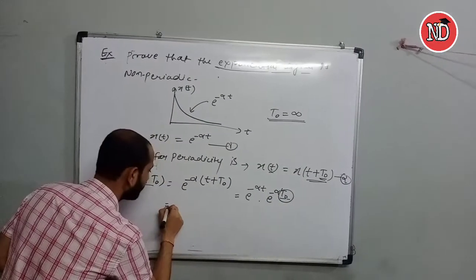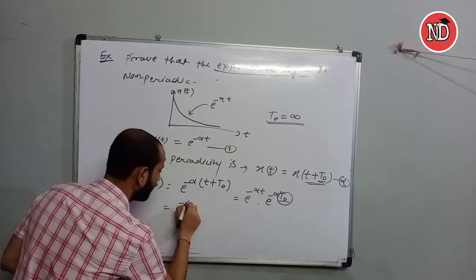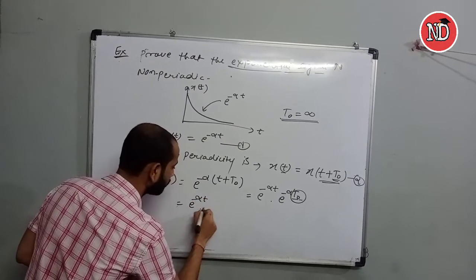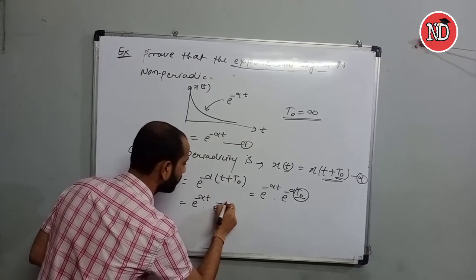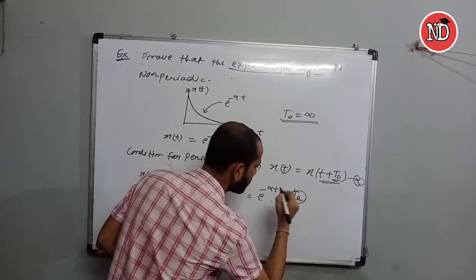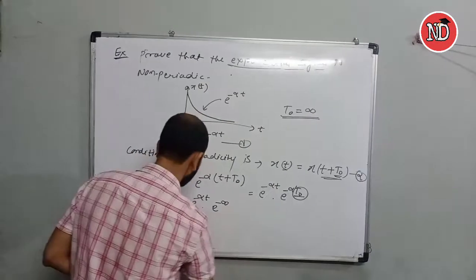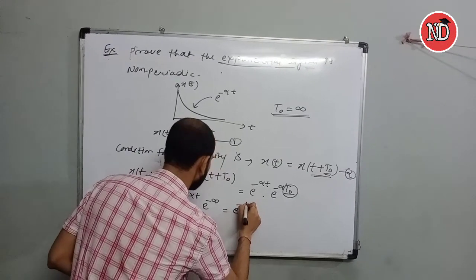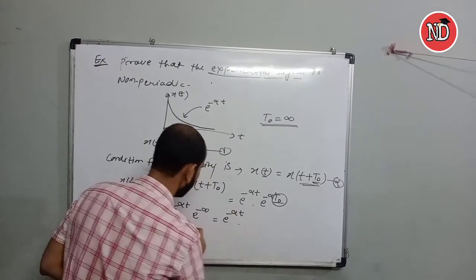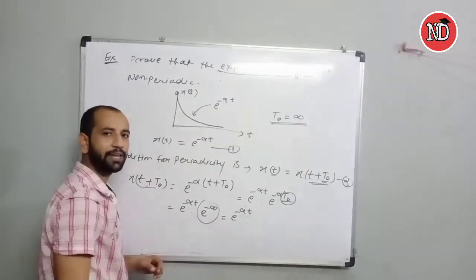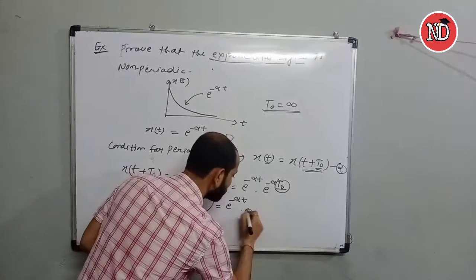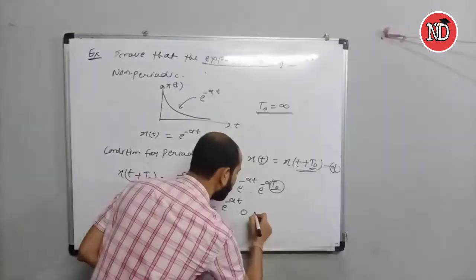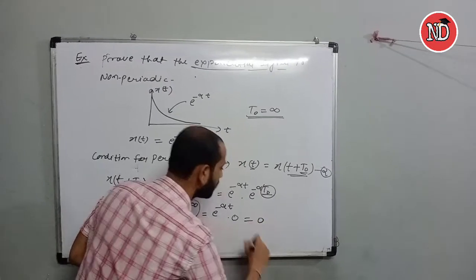So here we can write e to the power minus alpha t dot e to the power minus infinite, because T0 is infinite. So e to the power minus alpha t dot e to the power minus infinite will become 0. So the whole function will be 0.